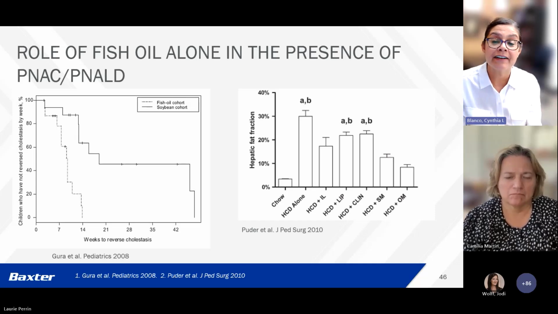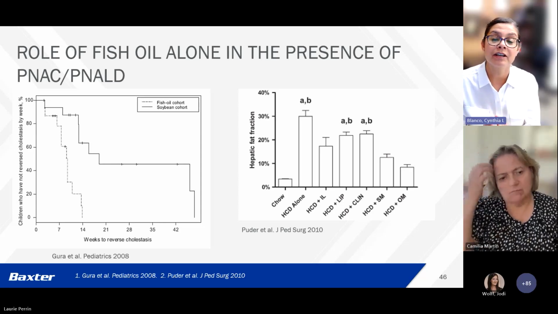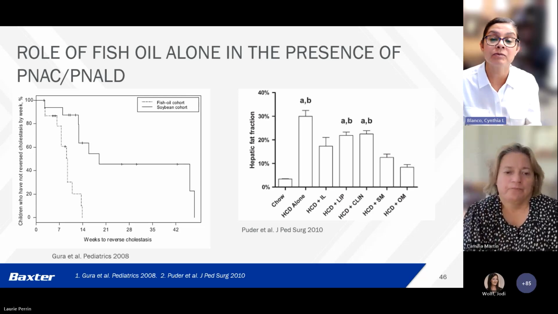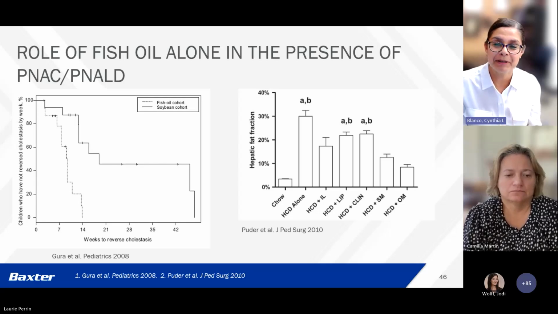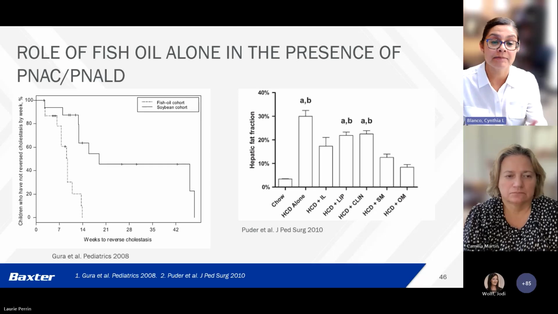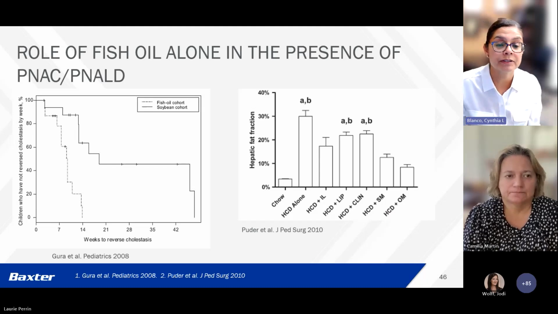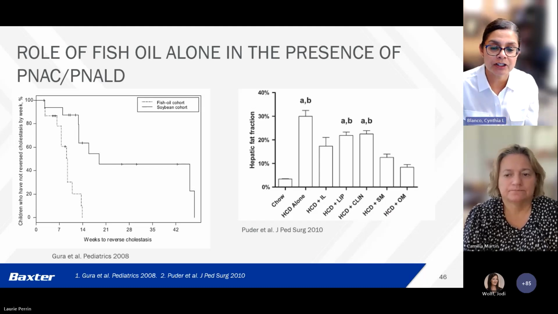But if you did not have any lipids, which is the next bar, which is the HCD alone, that they do not receive any intralipids, that's when you have the highest amount of lipid infiltrates in the liver, meaning not giving lipids is not good. The type of lipid is still in debate, but the one that can probably reverse cholestasis so far has been fish oil alone in a lot of prospective cohorts. If you want to show the next.